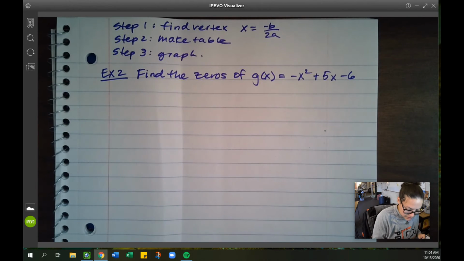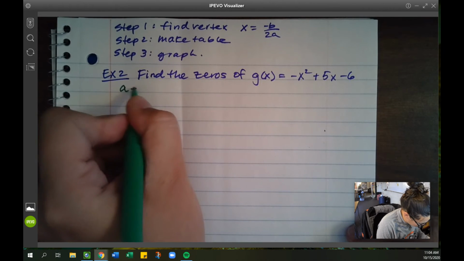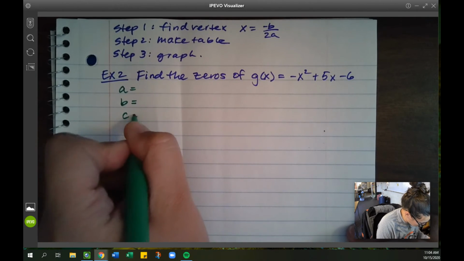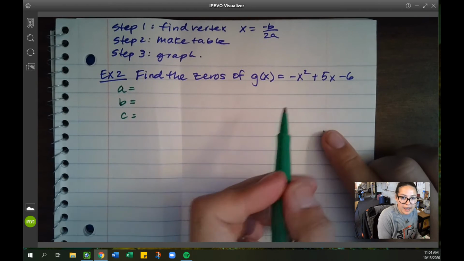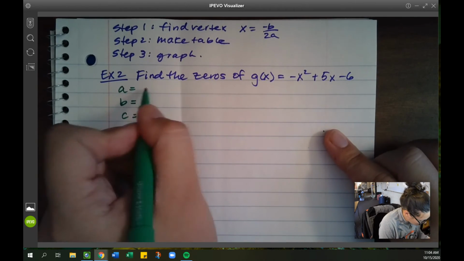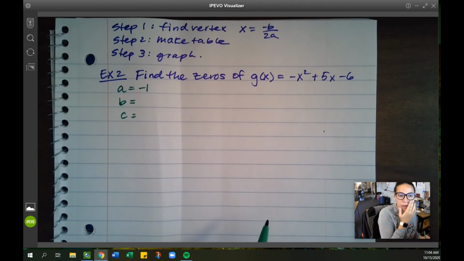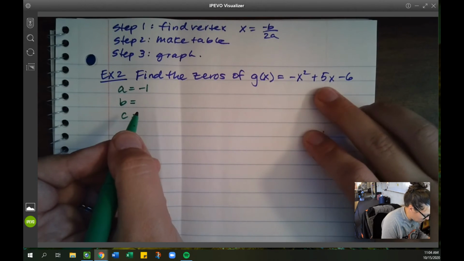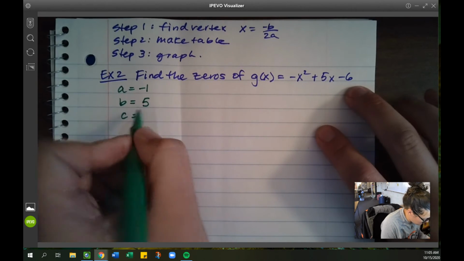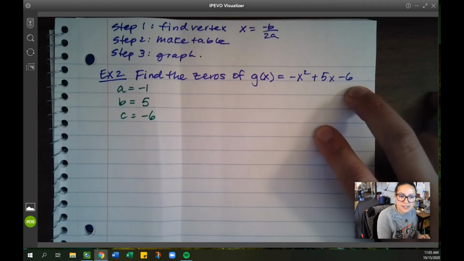Okay, so step 1, let's find our vertex. Let's identify A, B, and C. In this case, A is negative 1, which tells me my parabola is going to open downward. It's going to be an upside down parabola. B is 5, and C is negative 6.